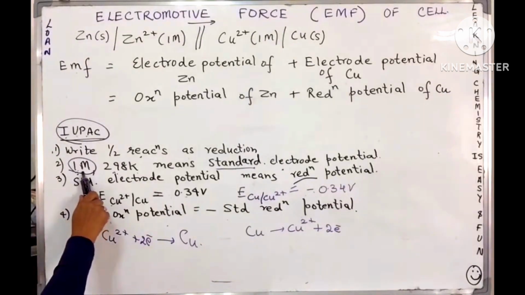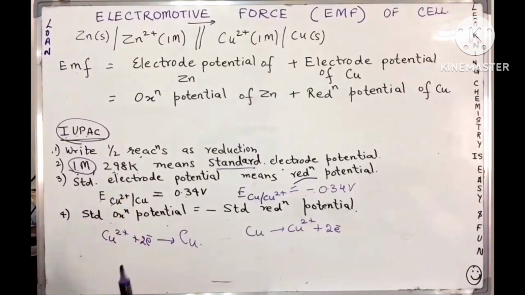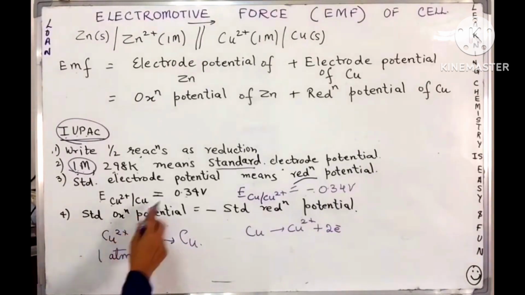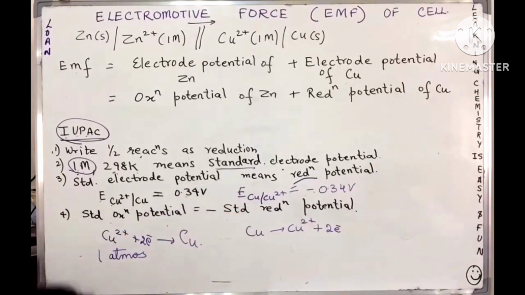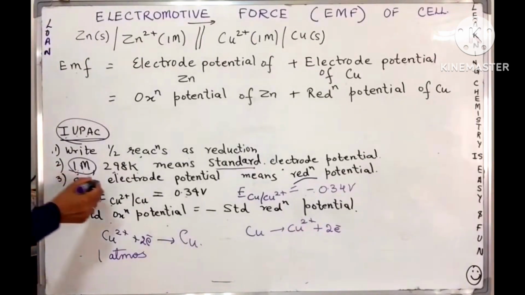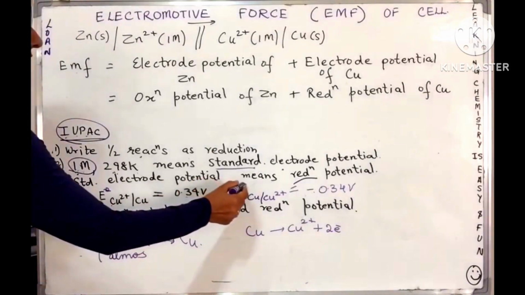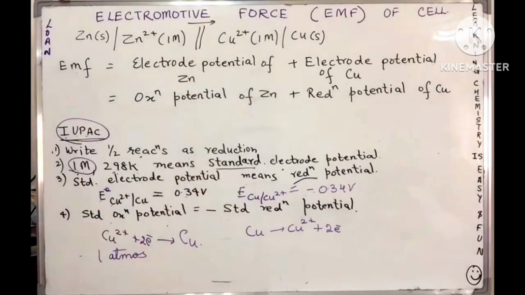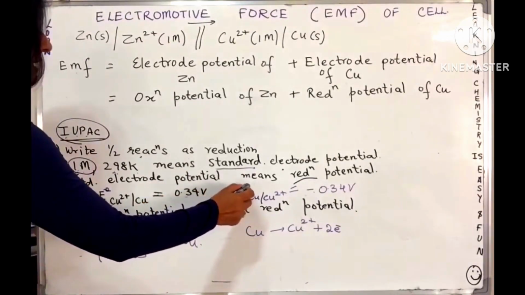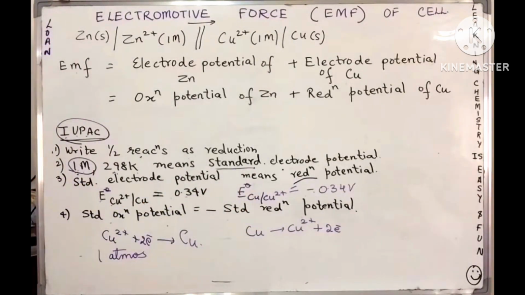When I am specifying the concentration as 1 molarity, temperature condition is 298 Kelvin, and if it's a gas like we spoke about hydrogen electrode, then the pressure is 1 atmosphere, we call it standard electrode potential, and in order to show it, we will put a small knot over here which indicates standard value, right? That means the concentration is 1 M, temperature is 25 degrees Celsius.